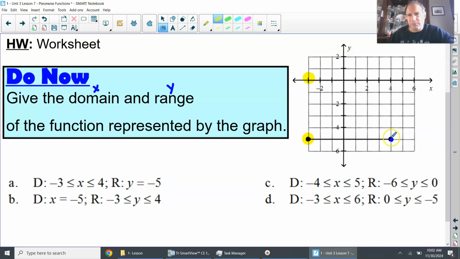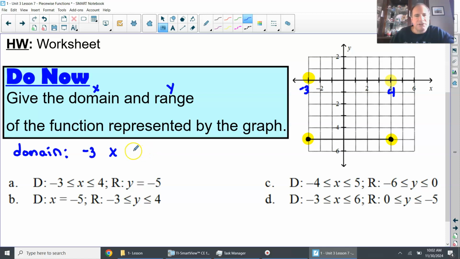And then this right here, this closed circle, is +4. So we're just going to go ahead and put those numbers in. And those are the numbers for the domain. So my domain has the -3 on the left-hand side, and the 4 on the right-hand side.